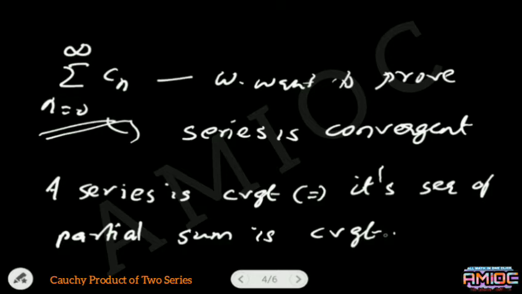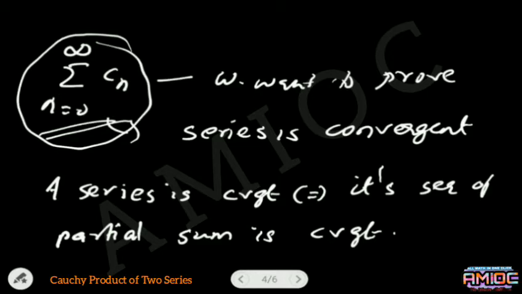Therefore, in order to discuss the convergence of the series summation n equal to 0 to infinity Cn, we want to discuss the partial sum associated with the given series. Let us discuss the partial sum of the given series.